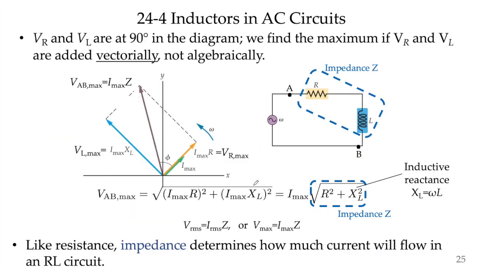Okay, so now we're going to talk about RL circuits. The voltage on R and the voltage on the inductor are at 90 degrees. There's 90 degrees between them in the diagram. You can see it in the phasor diagram.